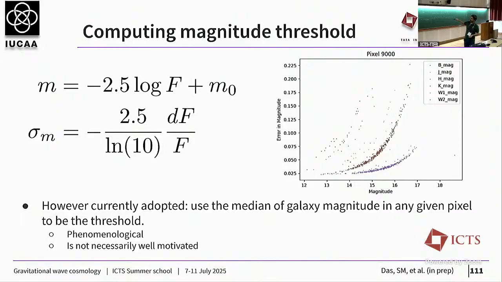So brighter galaxies are here, fainter on this side. You see that the error bars, so let's just look at one of these lines here. The error bars are smaller when you look at brighter galaxies. They are larger when you look at fainter galaxies. The different dots that you are seeing are different galaxies in that pixel and having magnitudes in different bands.